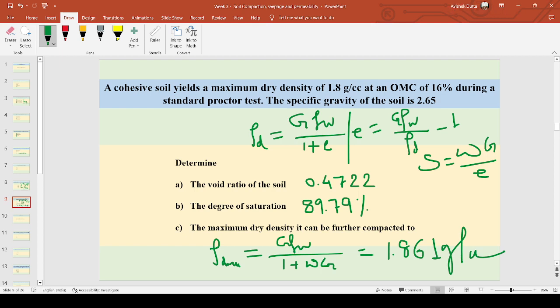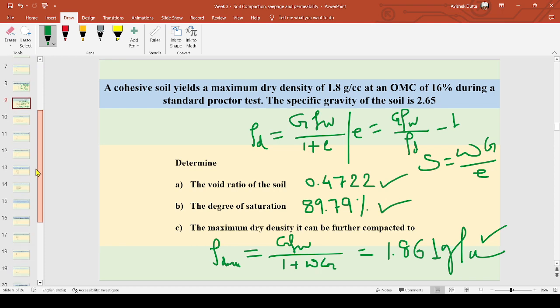I hope it's clear. These are the three answers. So you have to use these three separate formulas for these three separate parts of the same question.